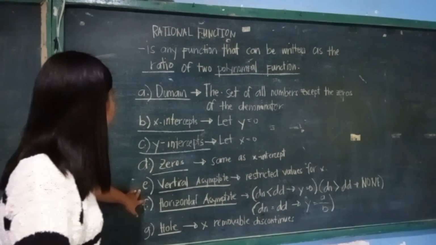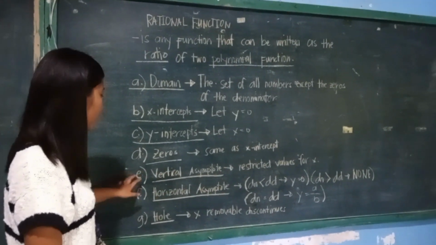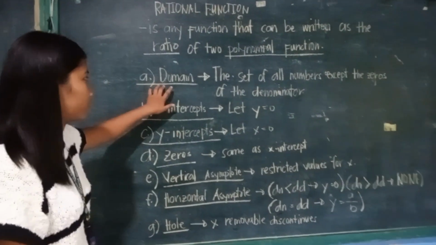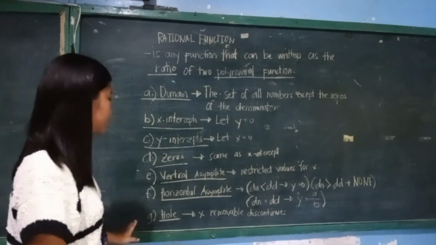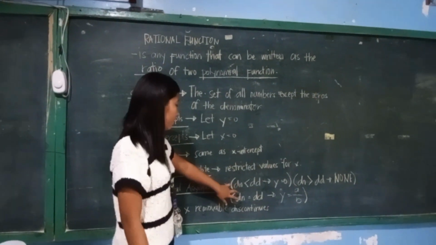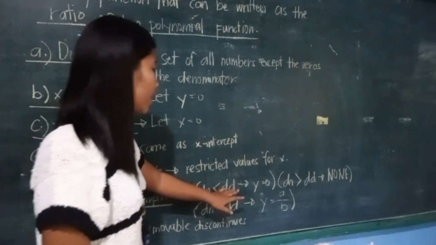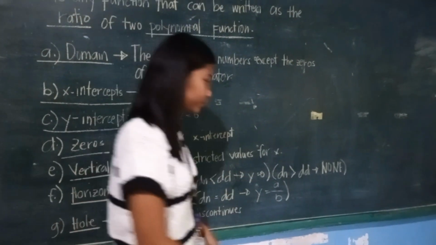And letter E is the vertical asymptote, the restricted values for x. Unsa yung answer mo sa vertical asymptote, is unsa mo kaya sa domain. And F, horizontal asymptote. If the degree of the numerator is less than the degree of the denominator, therefore y is equal to 0.